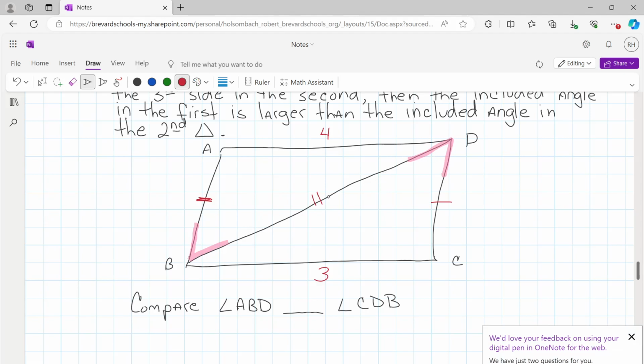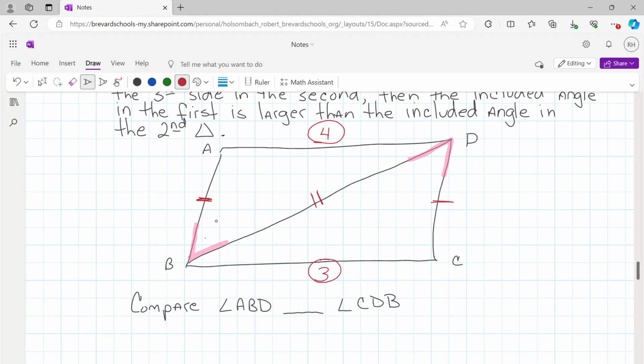So it's the same in both triangles. So in this top triangle, we've got two sides congruent to two sides of the bottom triangle. Now we're looking at the third side of the top triangle. The third side of the top triangle is 4 units long. And the third side of the bottom triangle is 3 units long. And we have to compare the third angle measure of the top to the third angle measure of the bottom.